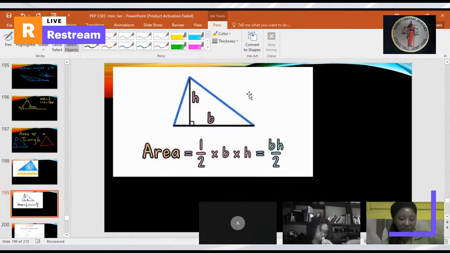So here we have again half base times height, or BH over 2, base times height divided by 2. So this is another way of saying half of the product. You can actually write out the half times whatever the height is, or just put times height over 2. It's the same thing.